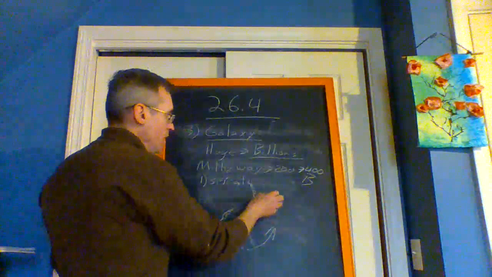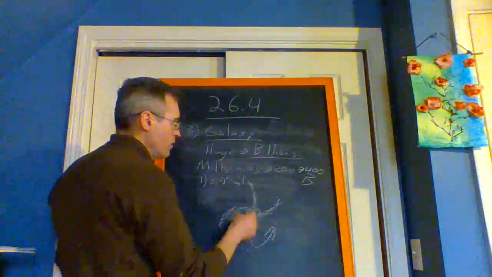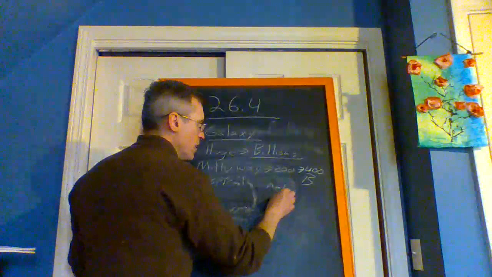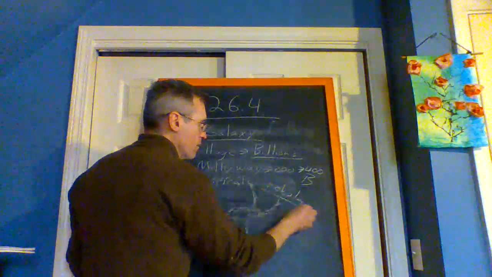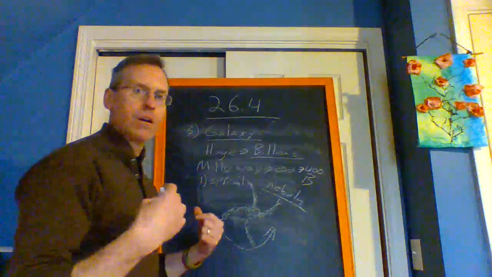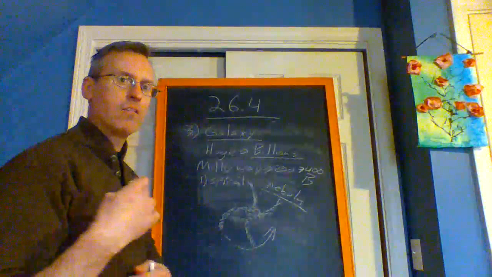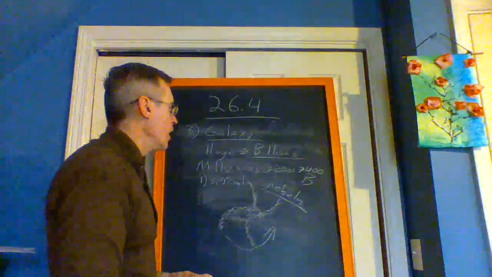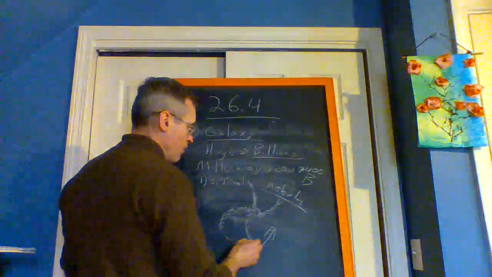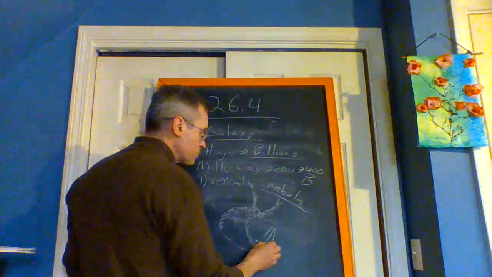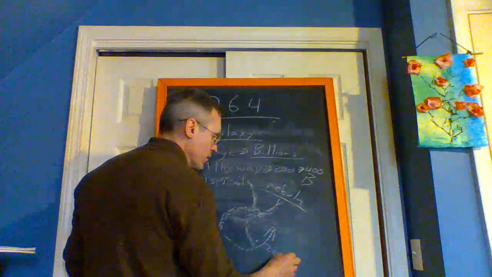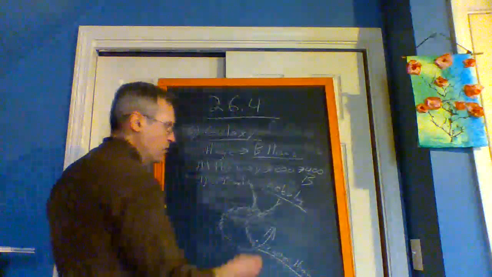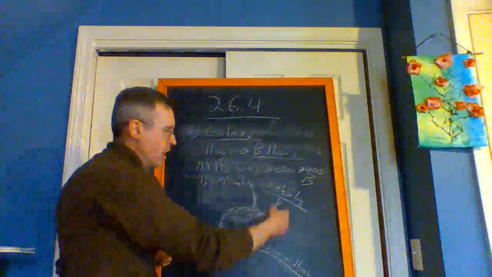A galaxy is not just stars. A galaxy has billions of stars, but it also has nebula in it: gas, dust, things like that. Our own sun takes 220 million years to go around our galaxy once.